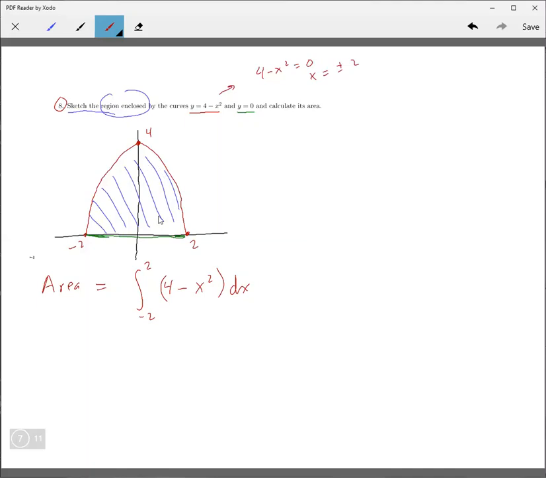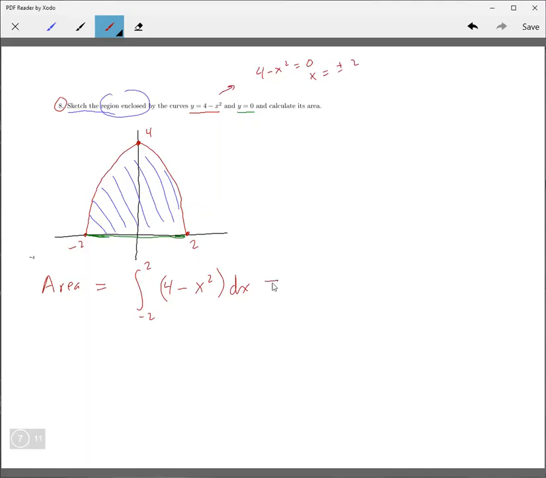That's going to be the area. Now, you can sometimes exploit these kind of things if you want. If you don't want to, that's fine. But we could calculate the integral just like it is.